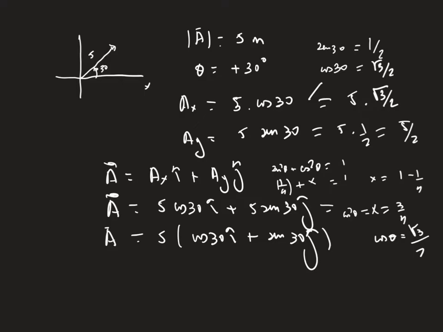So let's do another problem. The problem is like this. You have a vector with magnitude 5, and they give you this angle.